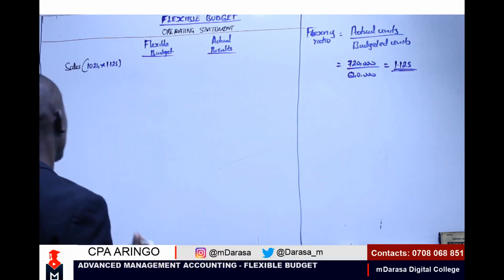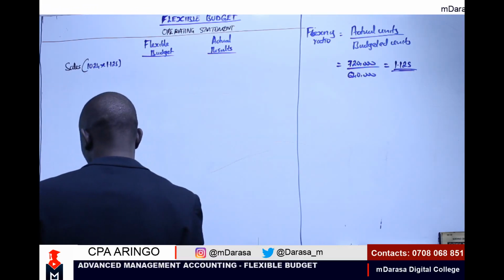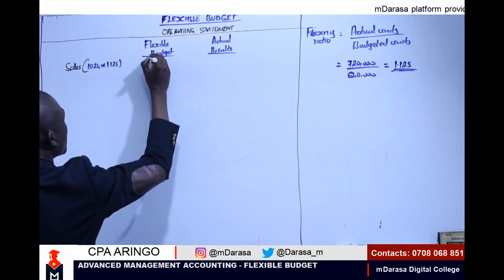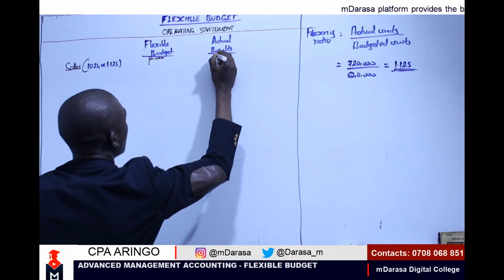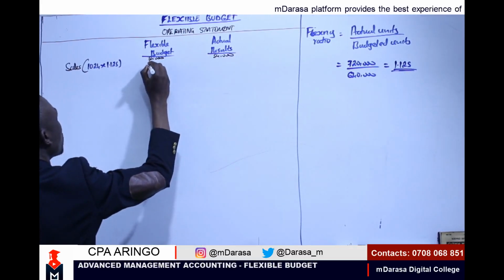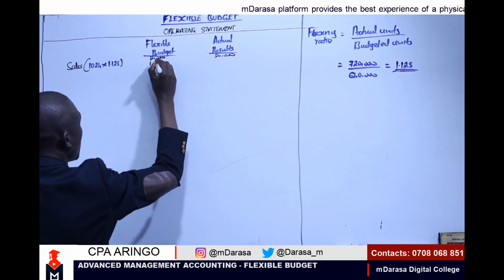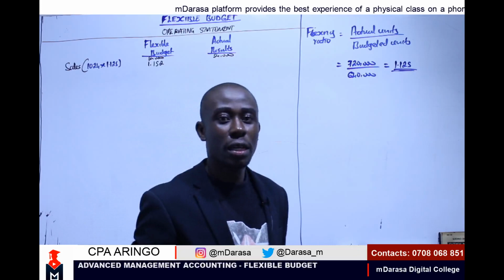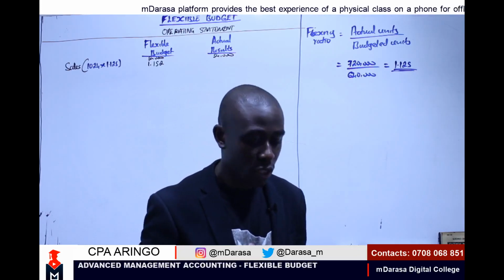So 1024 times 1.125 gives a figure of 1 million, remember our figures here are in thousands, so I'm getting 1,152,000. That is our flexible data in regard to sales.